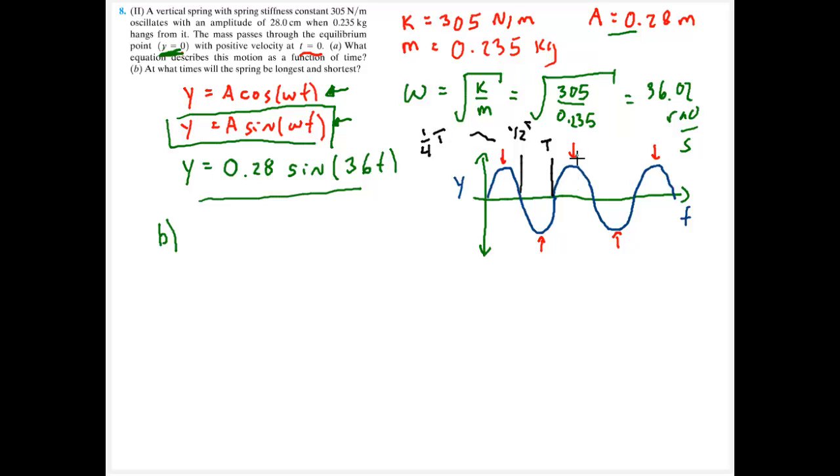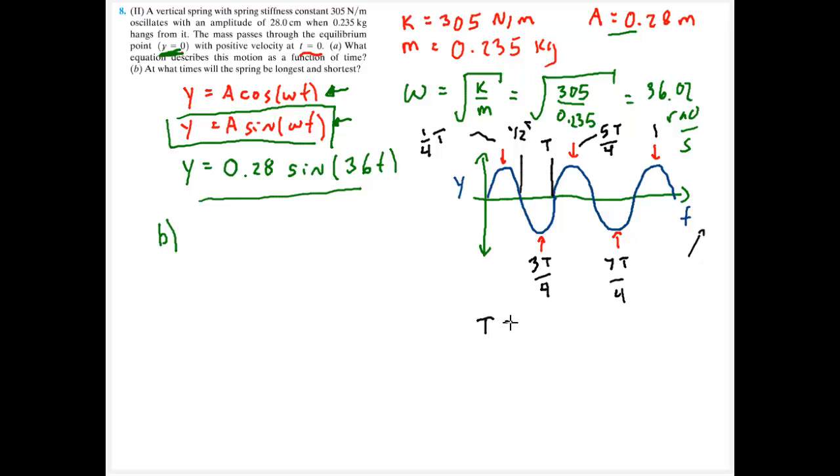It's also going to be its longest at 5 times the period divided by 4. And also right here, we're just going to add one more full period to that guy. It's going to be its shortest at 3 times the period divided by 4, and then add one full period, 7 times the period divided by 4, and we're going to have another point over there where we add another period to 3/4 of the period.